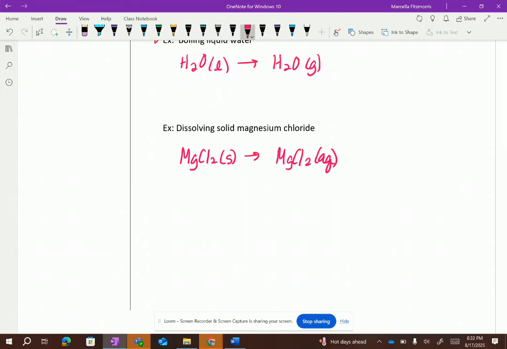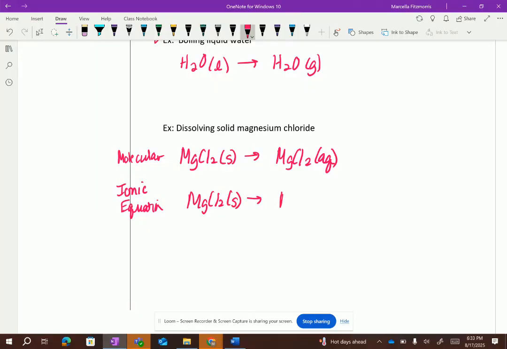Now, if I want to go further and make this what we're going to see in a moment about being an ionic equation, this was a molecular equation. I can write the same thing as an ionic equation by showing what happens when it splits apart. MgCl2(s) is a solid.